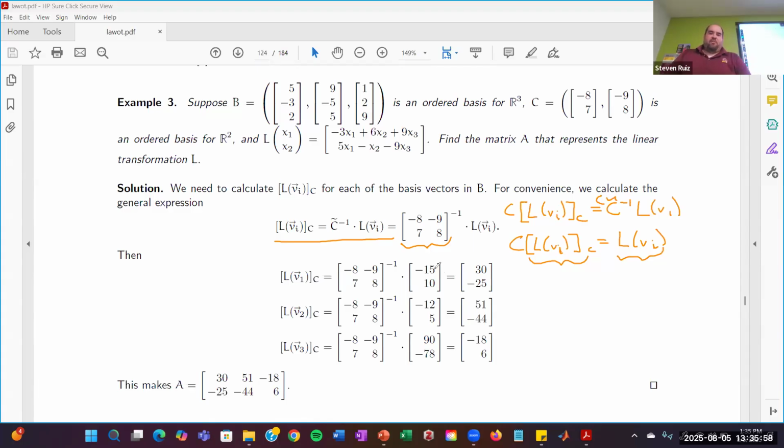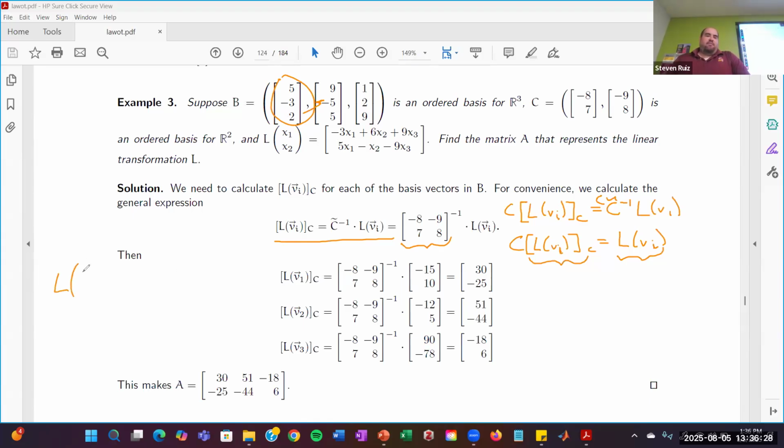So where are these values coming from? Negative 15, 10, negative 12, 5. Right. So if you run 5, negative 3, 2 through this transformation, well, I can't erase.